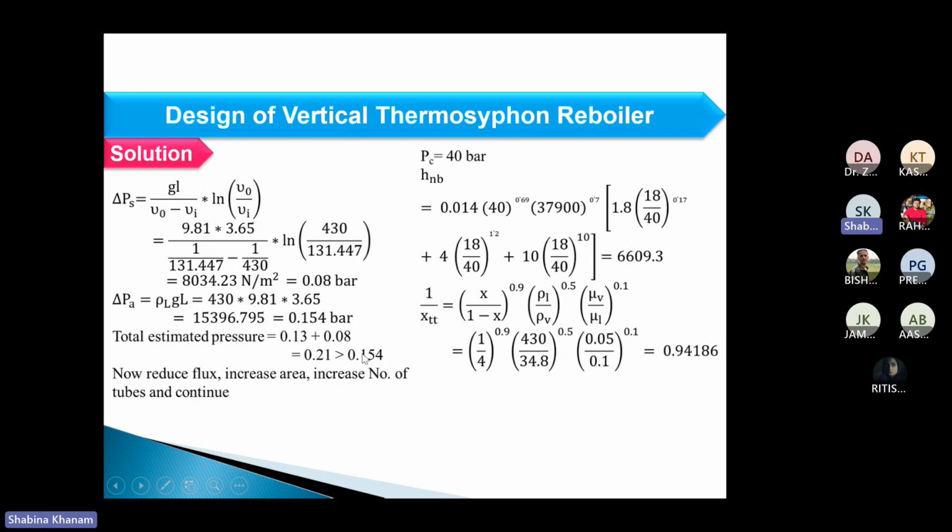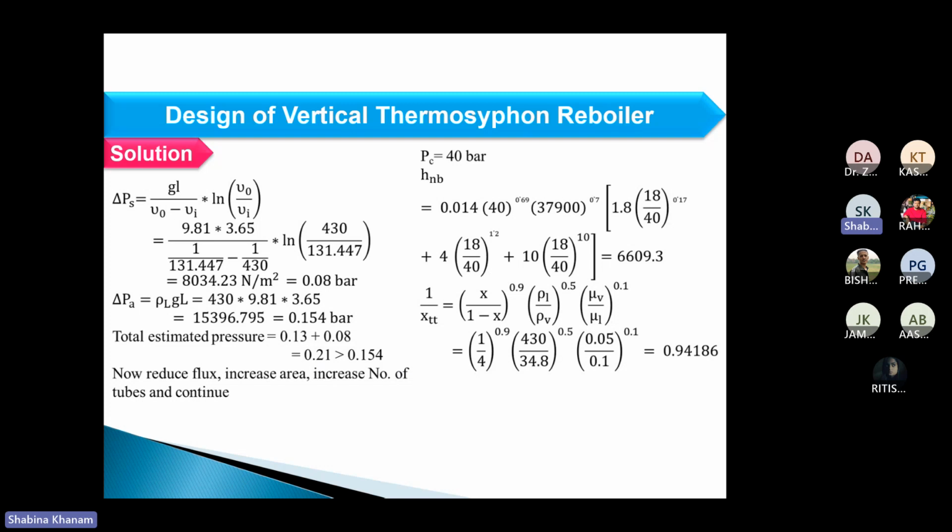If, let's say, you need to bring this addition less than 0.154, and it is 0.145, very less, then only recirculation will be possible. But we will bring it close to 0.154, not exceeding, right? So the point is, you need to reduce the flux in such a way that this condition is maintained.